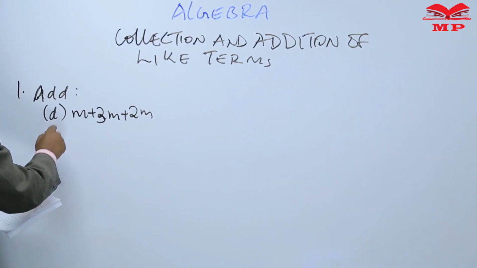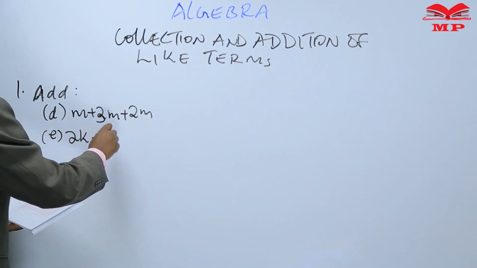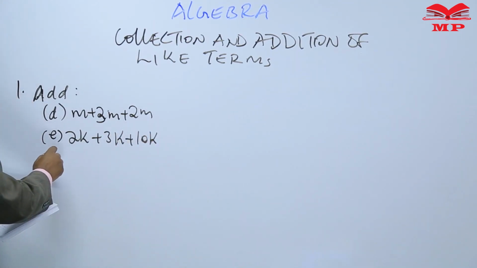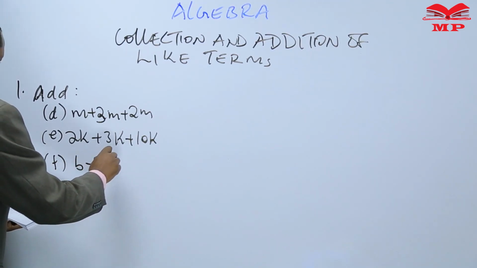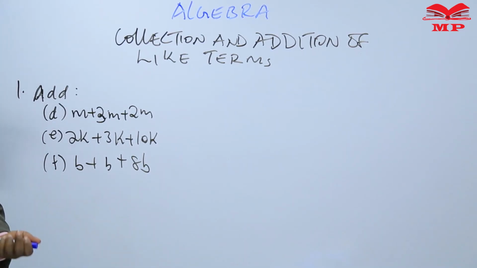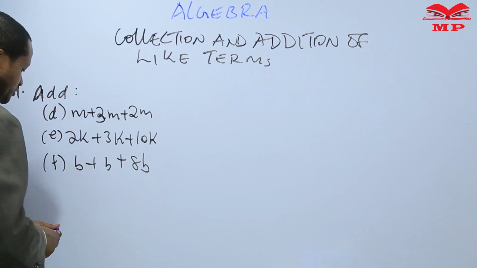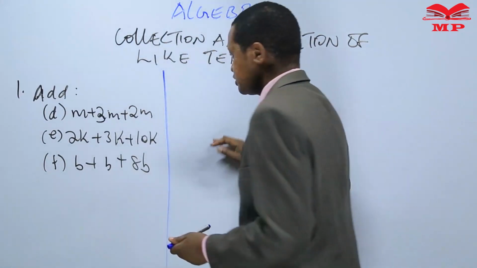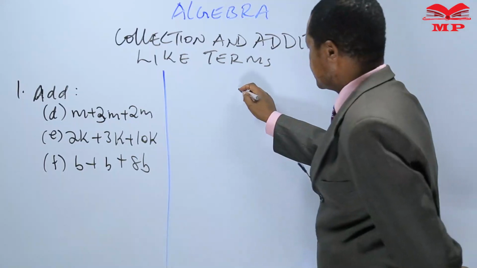Then E is 2K plus 3K plus 10K. Then F is B plus B plus 8B. So this was your assignment. I want us to do it together, to see if we can do it together. So let us answer.